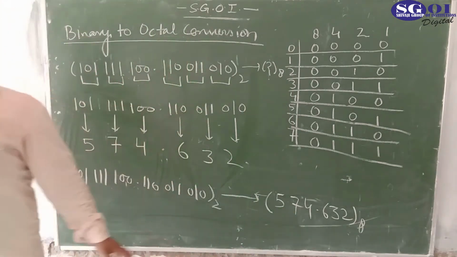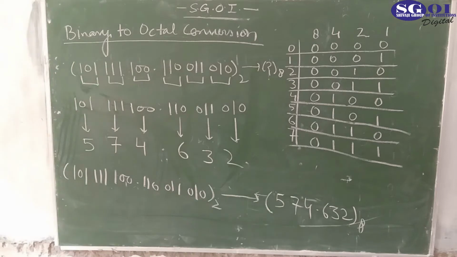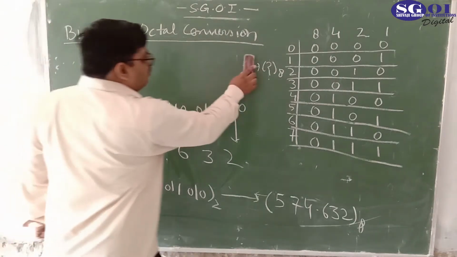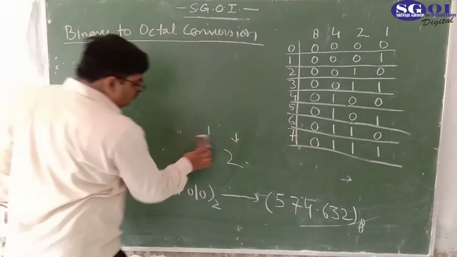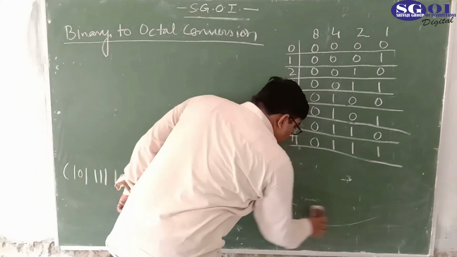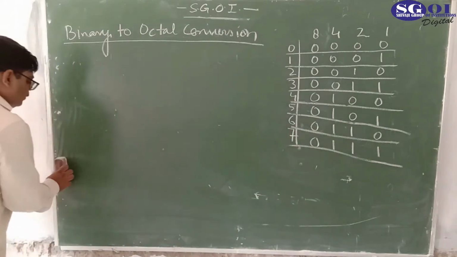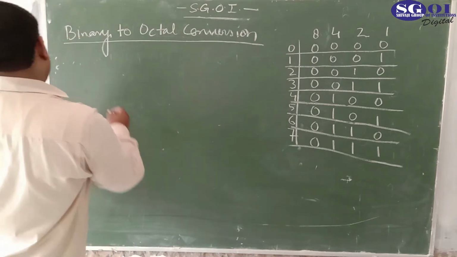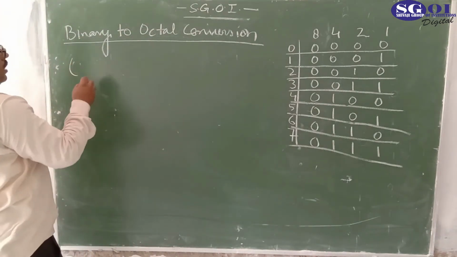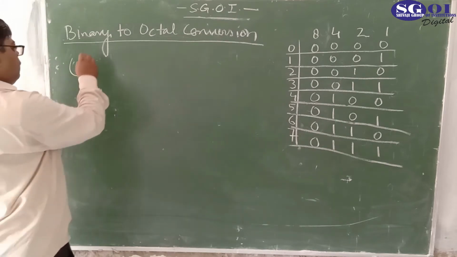So for the next example, we go to the next example. In the next example, we write a binary number.